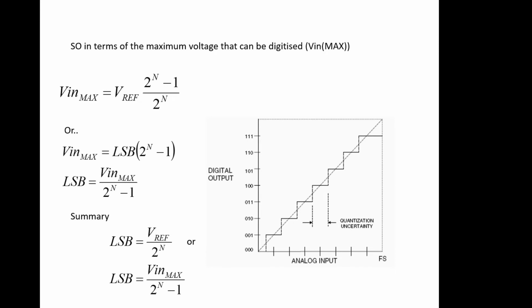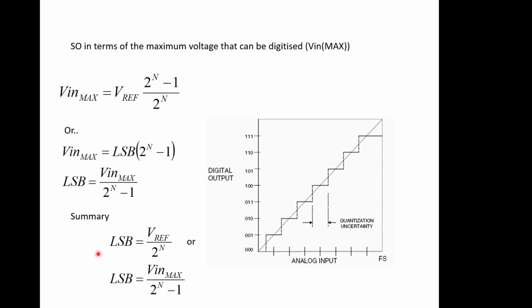So in terms of the maximum voltage that can be digitized, rather than VREF, Vin max, the maximum useful voltage you can put in, is going to be VREF times (2^n minus 1) over 2^n. That's recognizing that we're missing this bit here. And you can rearrange that to give us, by the previous definition of LSB, a new value of LSB in terms of Vin max of Vin max over (2^n minus 1).